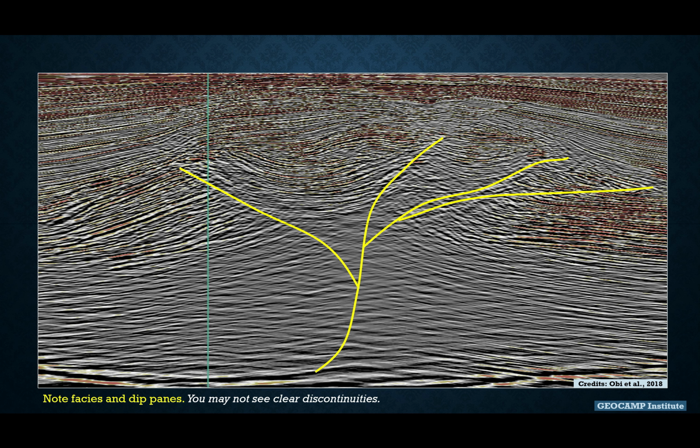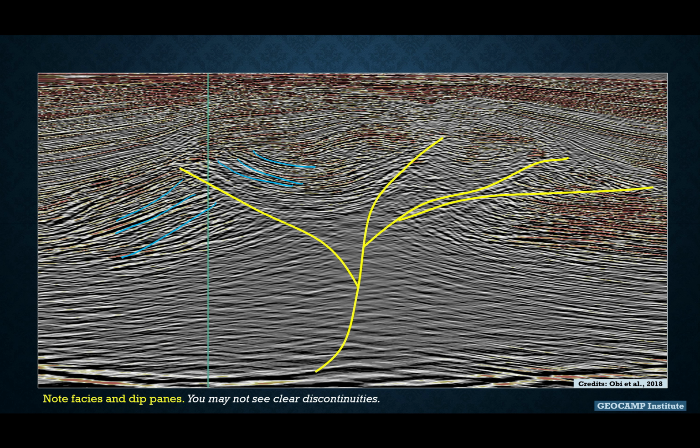The message here is that oftentimes it's not so obvious when you look at sections like this, on outcrop or on seismic sections, to figure out the fault. You have to put together these elements: the seismic facies, the dip panes, and the behaviors, and you also have to check overall elevations and decide. Like in this example, this package here is sitting right here.